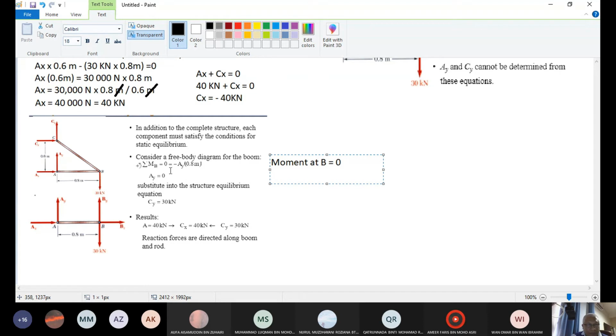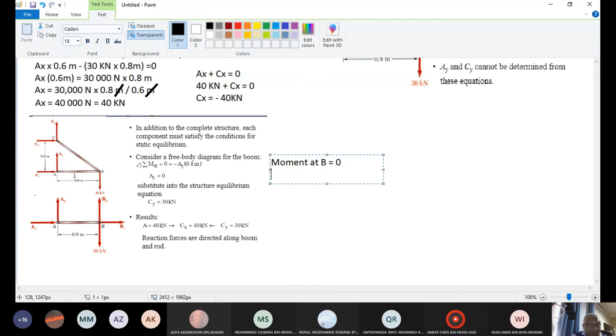So what is moment at B? What are the forces acting on B? Forces should have an arm, a distance, 90 degrees to B. Ax cannot, because Ax is directed to B. Ay, yes. Cx, yes. Cy, yes. So let's look at Ay.